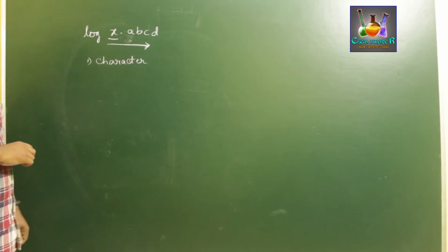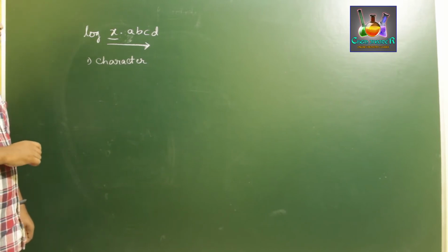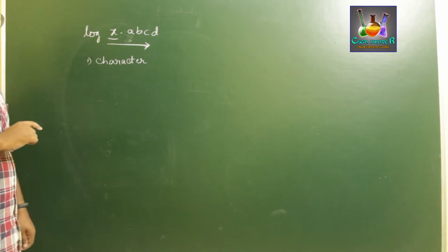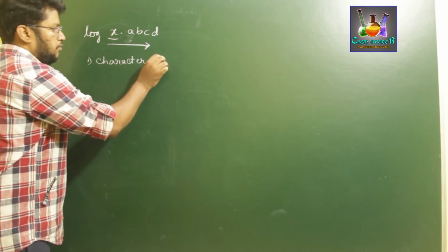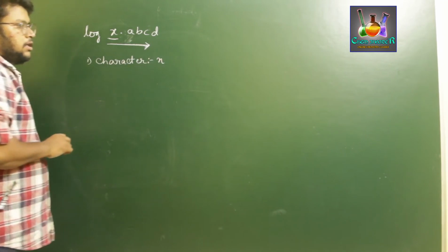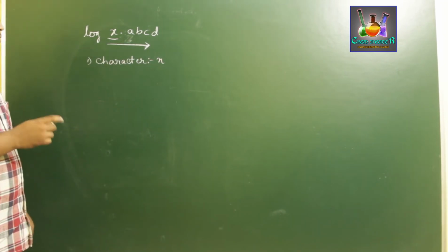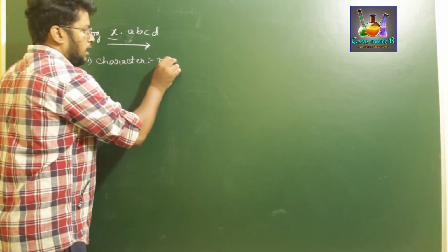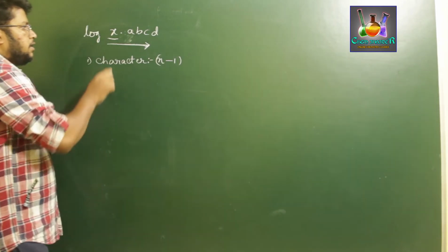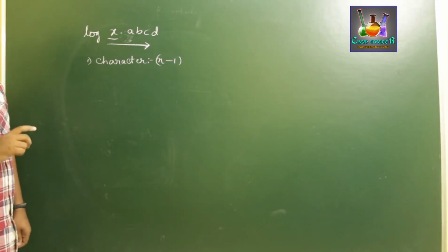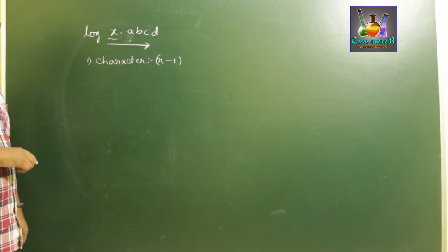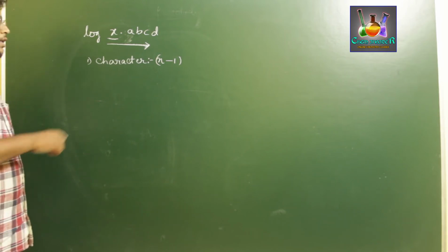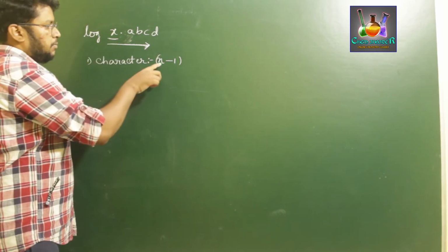To find the characteristic of x.abcd, we observe the number of digits present before the decimal. If n is the number of digits before the decimal, then the characteristic of the given log value will be n minus 1.